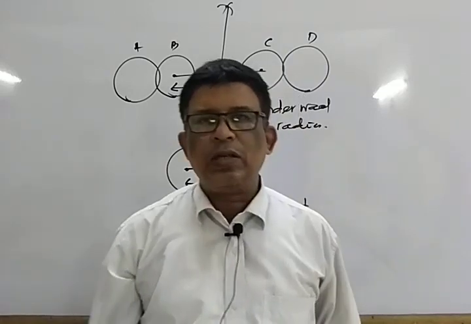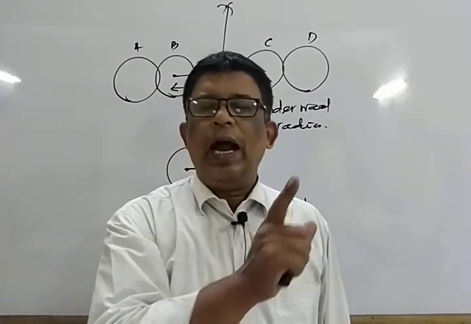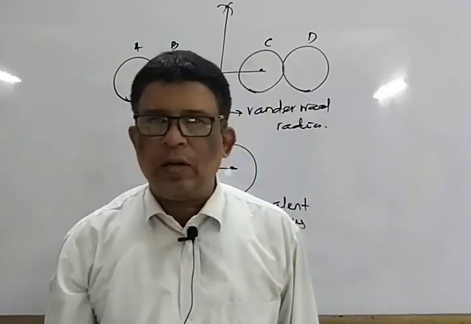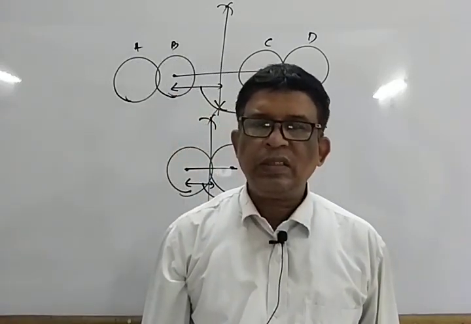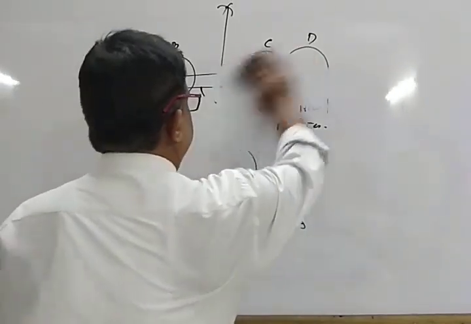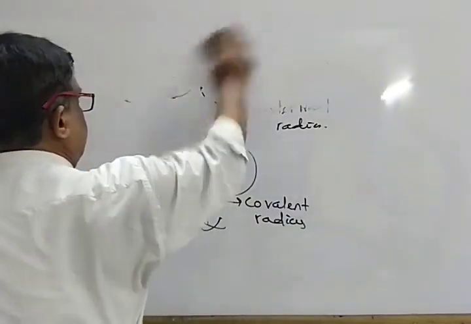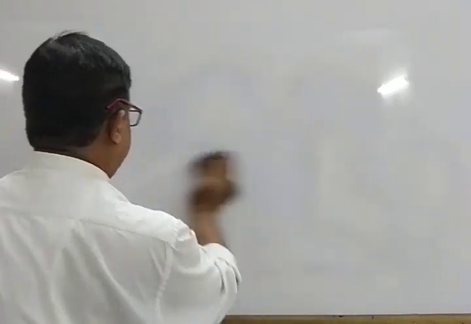Next, we discuss what happens to the atomic radii from top to bottom and left to right across a period in the periodic table. Remember that. While moving from top to bottom, what do we observe?